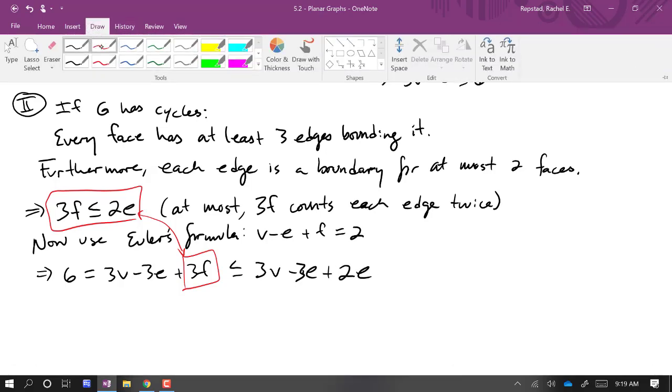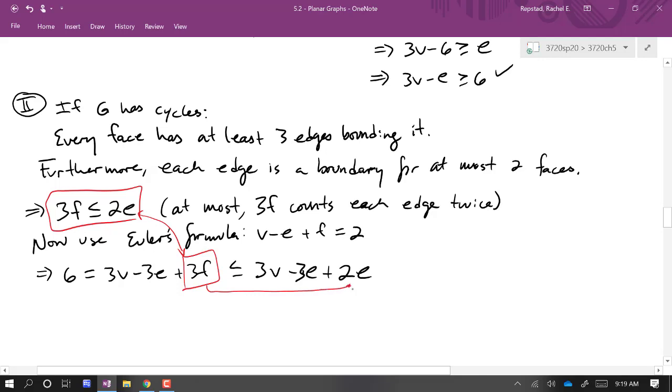Right, I've replaced 3f with an expression which is greater than or equal to the 3f. So that changes the sense of this inequality. And this is equal to 3v minus 3e plus 2e, which is 3v minus e. So now let's look at this inequality that we have. On the one side, we have 6.